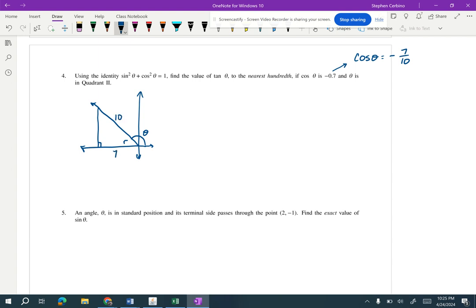And again, I could go ahead and find the missing side. So I could say side squared plus the other side squared equals 10 squared, the hypotenuse squared. And I can get x squared plus 49 equals 100 and do some quick algebra here to get that missing side, which is the square root of 51.